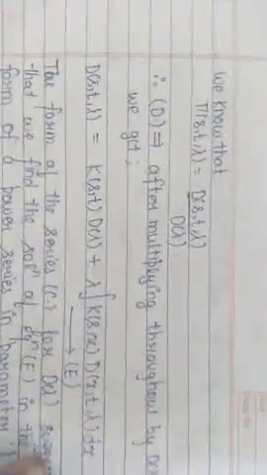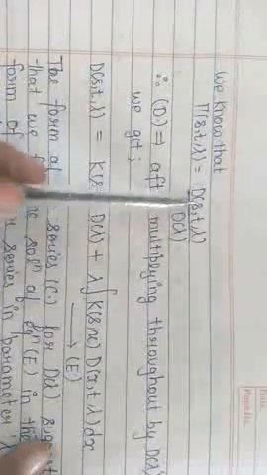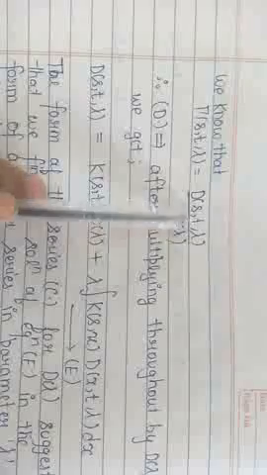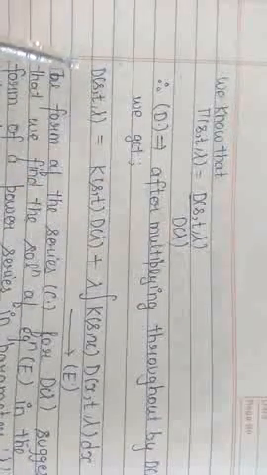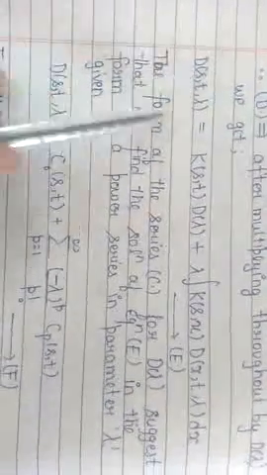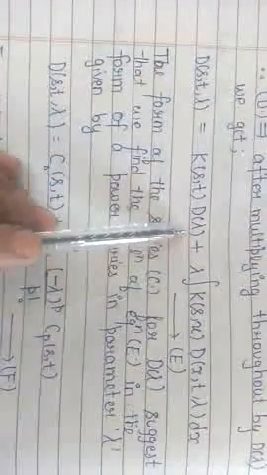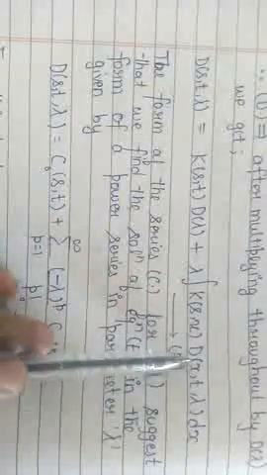By using this property and substituting the resolvent kernel Γ in the form of the ratio of two entire functions D(s,t;λ) and D(λ), the equation which we get is D(s,t;λ) = K(s,t) D(λ) + λ ∫ K(s,x) D(x,t;λ) dx.